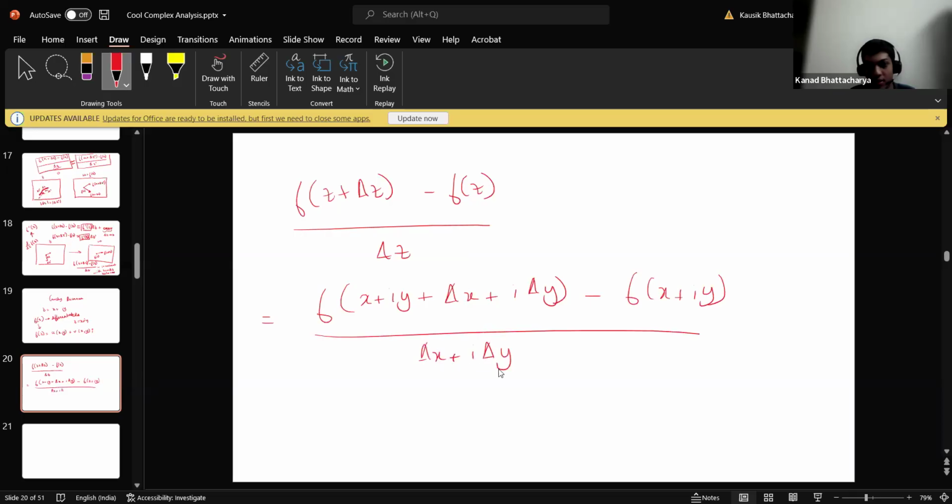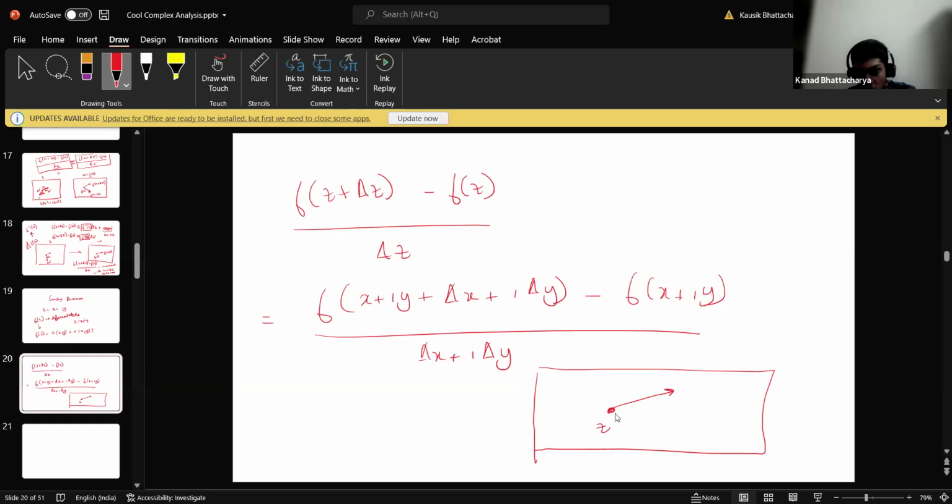Now we are going to do something fun, okay? If we try to visualize it, what are we doing? We are taking a point z and going to some point which is some delta x over here and going up delta y. This is what we're doing when we go to z plus some delta z.